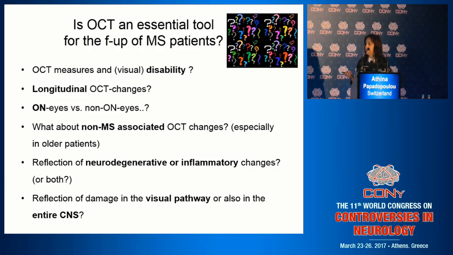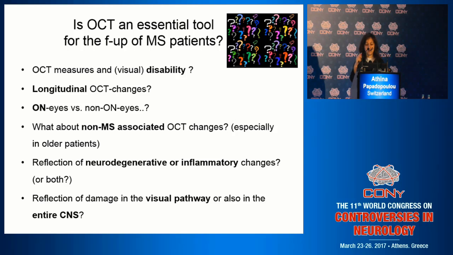Also, how sensitive is OCT to change? Cross-sectionally we see these differences, but what about longitudinal change? And of course, how might it reflect not only visual, but also disability in general, the neurological disability of our patients?